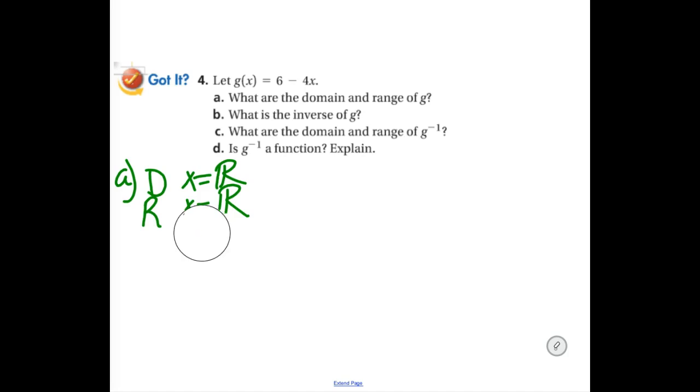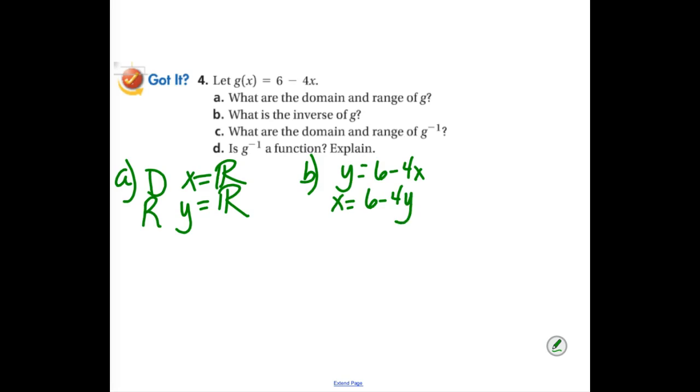Whoops, y equals. We okay with that? All right. Second question says, now find the inverse of it. Okay, so we started out with y equals 6 minus 4x. We're going to switch x and y. What steps would I have to take to get y by itself?